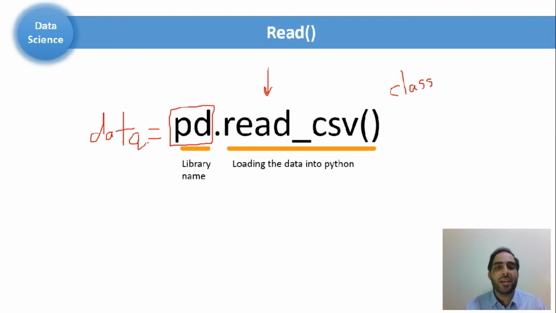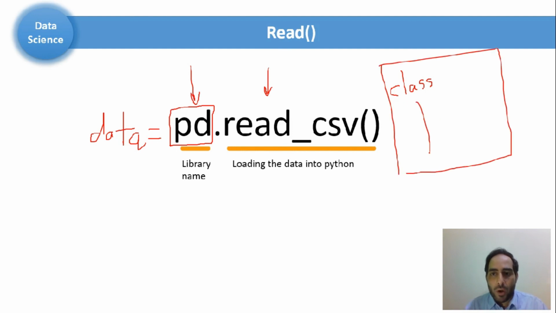So I'm calling the library, which is Pandas, and then I will press dot. I will be able to access all the functions and classes available in Pandas. One of these classes is read underscore, whether it is CSV or Excel, etc. So read underscore CSV, for example, is a class which has a lot of functions inside. Everybody who attended with us before knows from the basics of Python that inside a class we have a lot of functions.